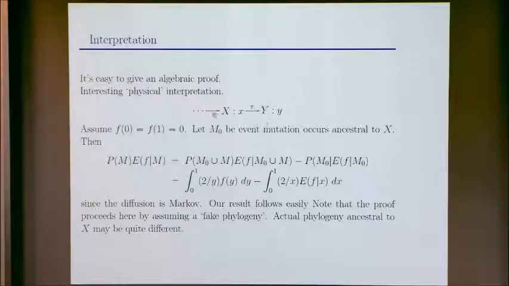Ewan's theorem tells you what you expect just given the mutation occurs ancestrally somewhere, and my calculus allows me to work out the expected value of f conditional on x. That's the previous case, and you get the answer you want.